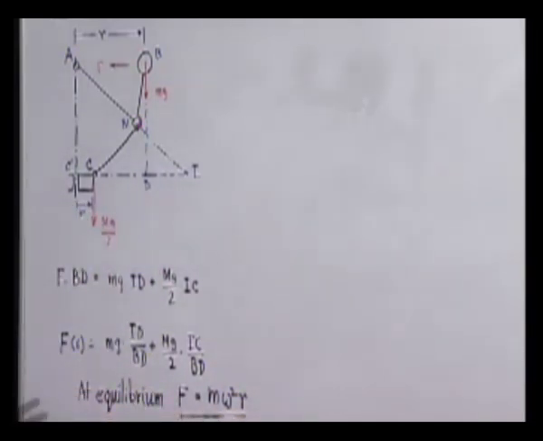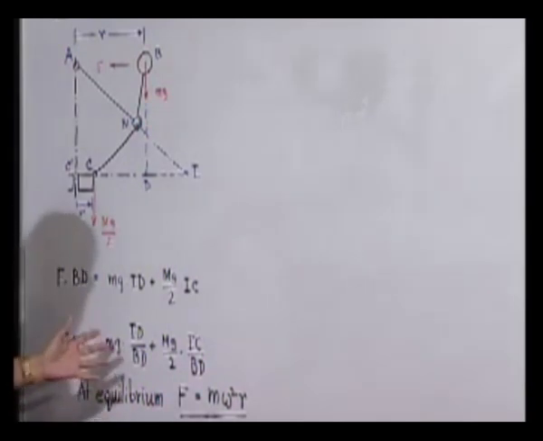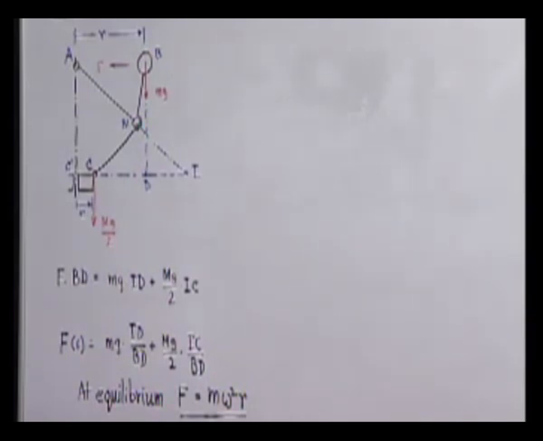So if at a particular r we can find f, we can find out the speed at which the system will remain stable at that particular radius.